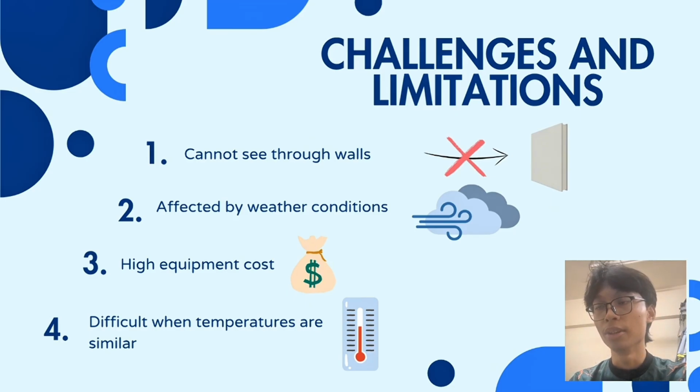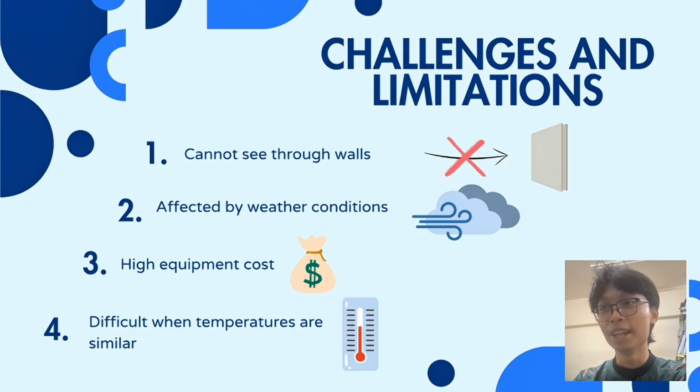Another one, their performance can also be affected by environmental conditions such as fog, heavy rain, or smoke, which may interfere with infrared radiation. If I have to give an example, imagine infrared as a whole red screen, and with these environmental conditions, we will never see through. Imagine it as a wall.